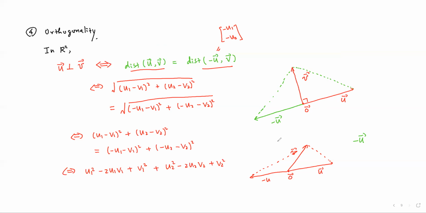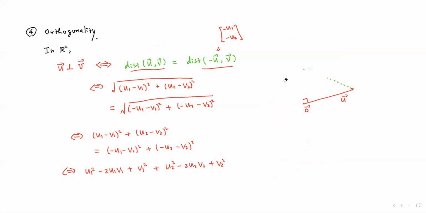The right side is negative u1 squared plus 2 u1 v1 plus negative v1 squared, plus negative u2 squared plus 2 u2 v2 plus negative v2 squared.